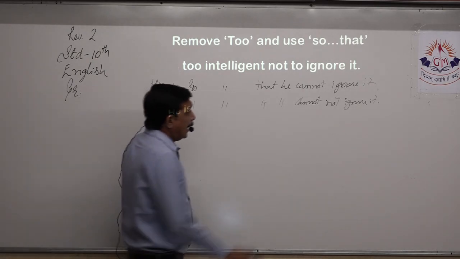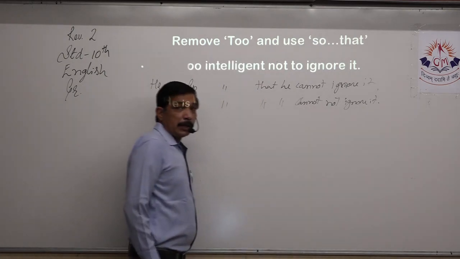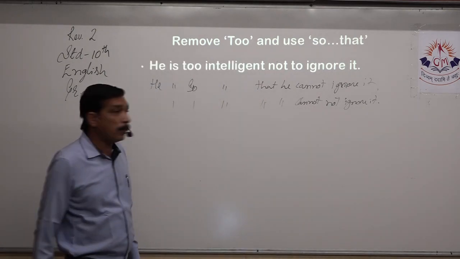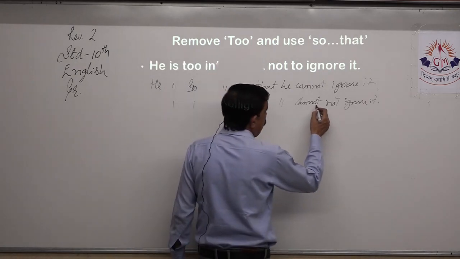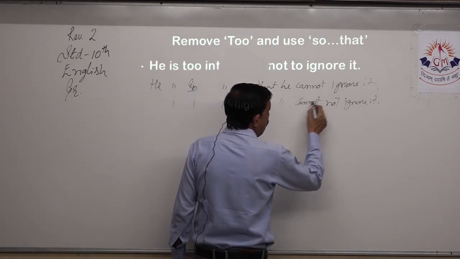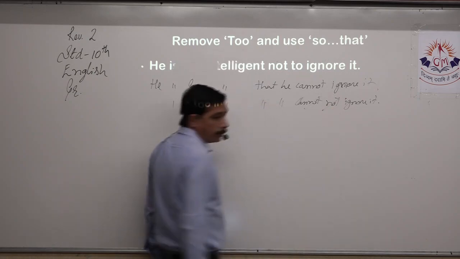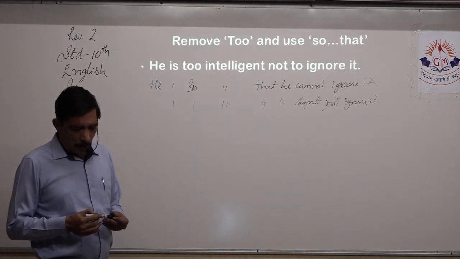So cannot and not, the two negations. We learned earlier, two negatives make a positive. So we make a positive over here by removing this not and this not.